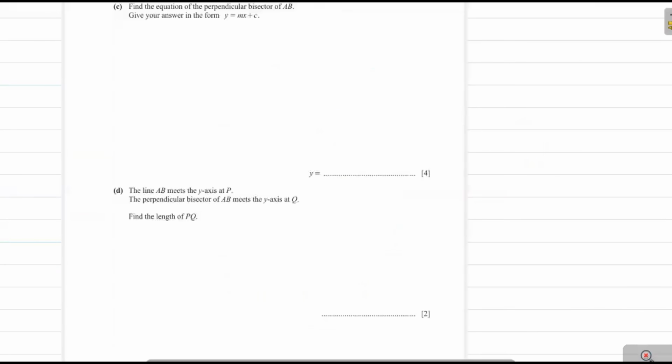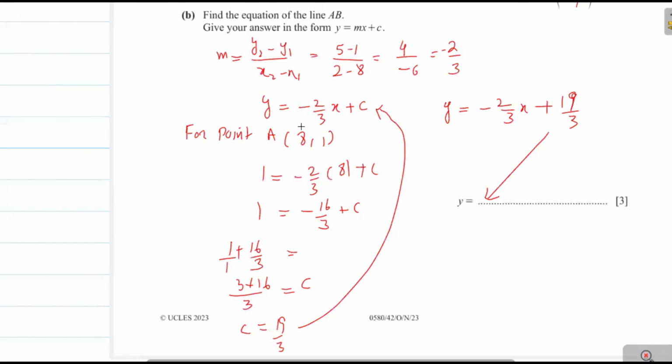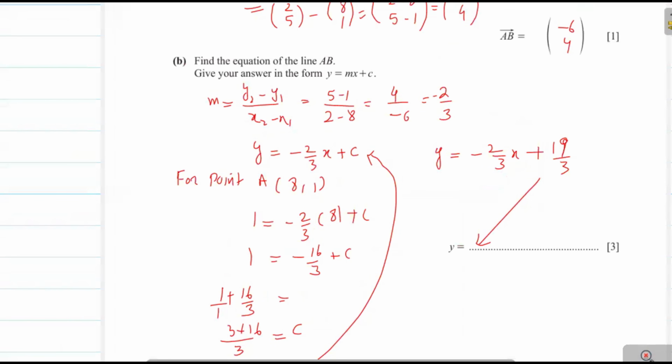Now move to the next part of this question. Part C: find the equation of the perpendicular bisector of AB, y equals mx plus c. Now the gradient of line AB, you see here, is minus 2 over 3.